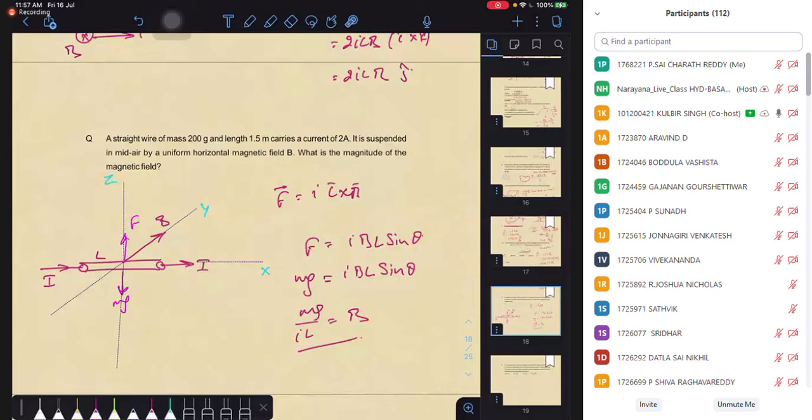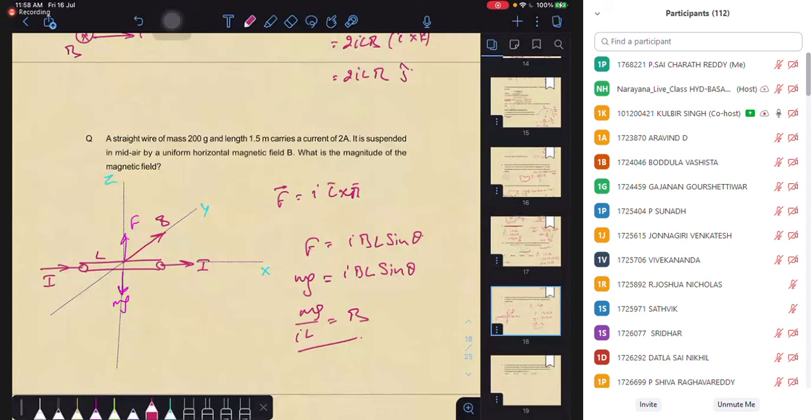But it is not necessary that the magnetic field is completely perpendicular to the current. If my magnetic field is parallel to the current, force is 0. So a perpendicular component should be there.